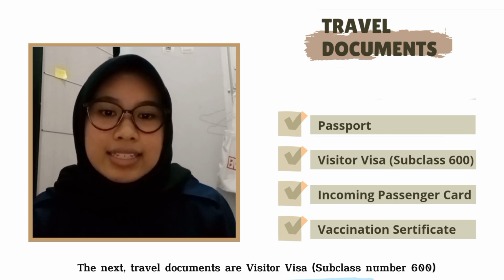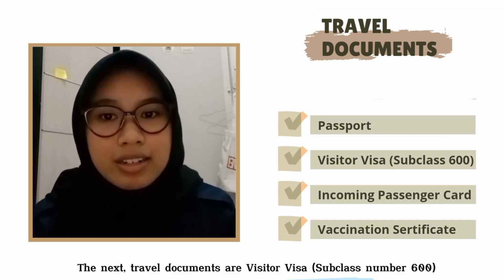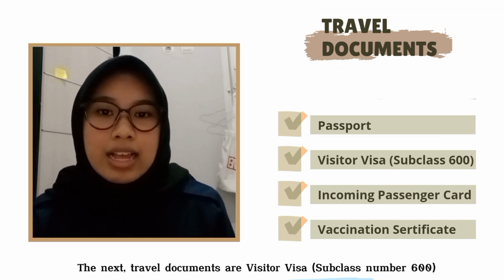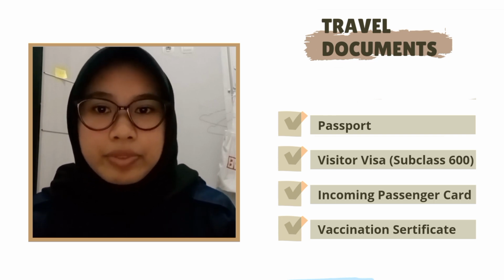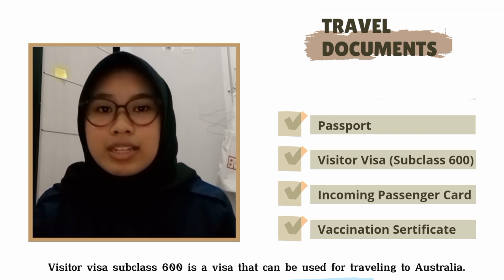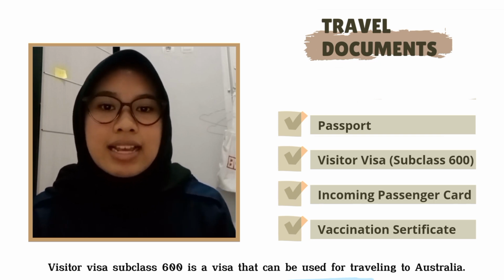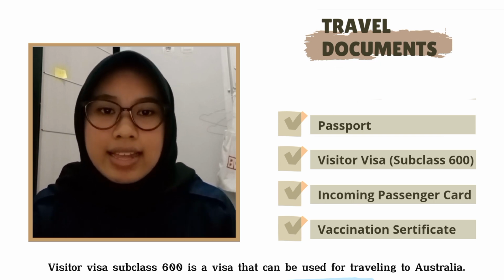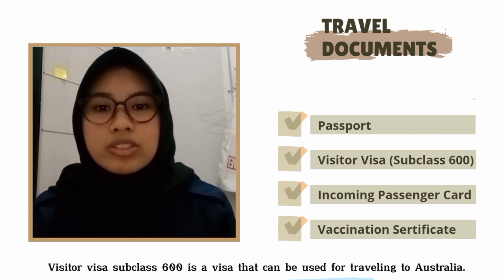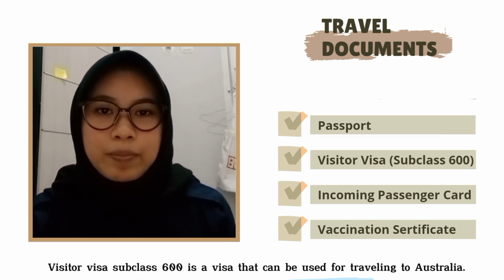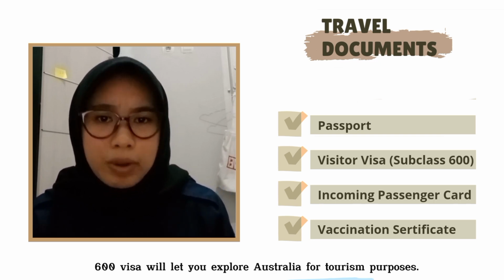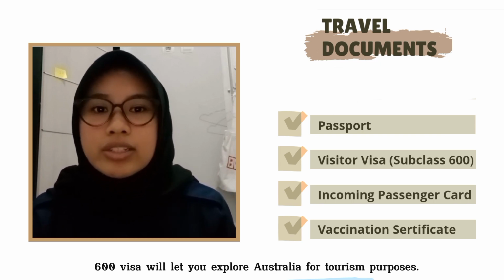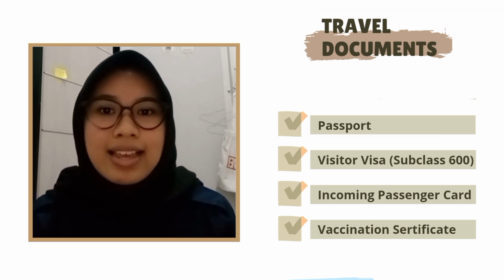Okay, the next travel documents are visitor visa, subclass number 600. Visitor visa subclass 600 is a visa that can be used for traveling to Australia. 600 visa will let you explore Australia for tourism purposes.